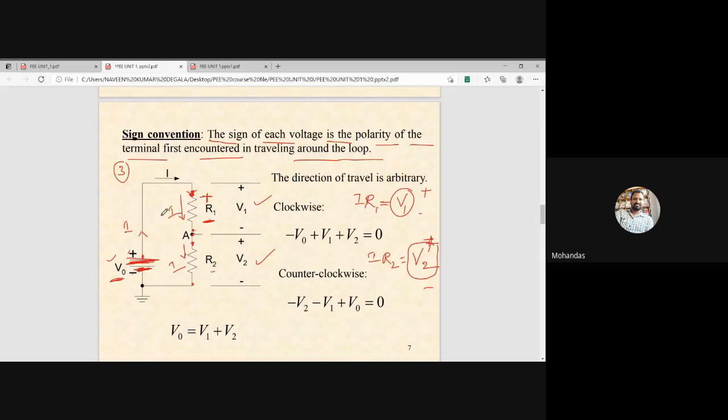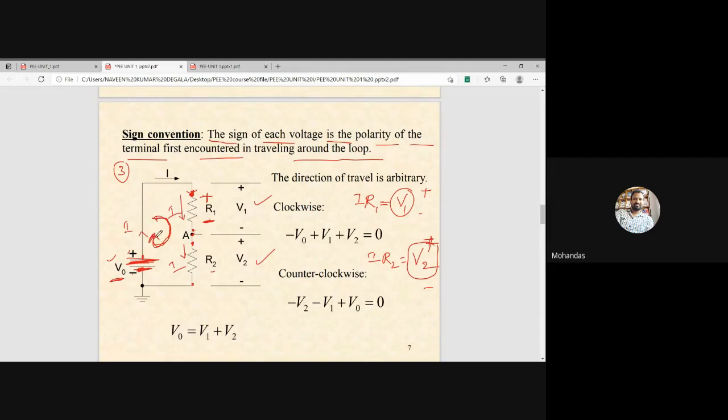For this, you have to assign the current direction. As the current is I, we take the clockwise direction. We can take clockwise or anti-clockwise, but universally we follow the current flowing in the clockwise direction.